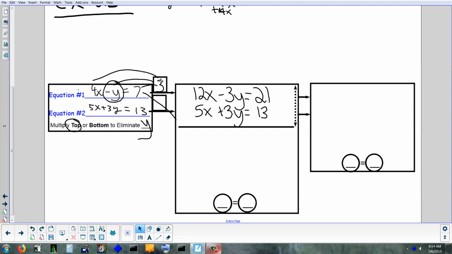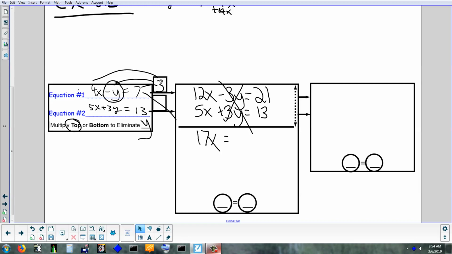So if I'm eliminating y, what can I do, Ellie? Subtract 3 from both. Before I even do that, I'm eliminating the y, so what should I do with them? Cross simplify. Cross them out. Cross simplify, I like that. Alright, so now, down here, what's the first thing I'm going to write? Someone tell me. 17x. 12x plus 5x, remember I'm doing addition vertically. 17x.